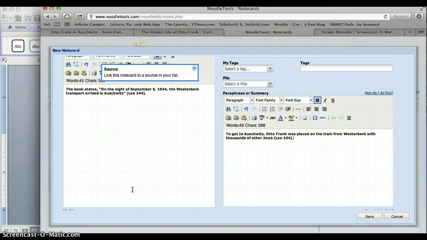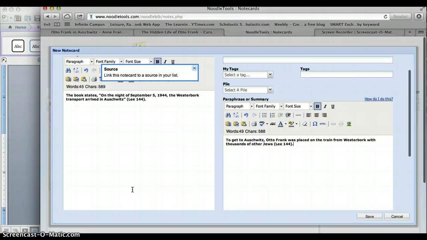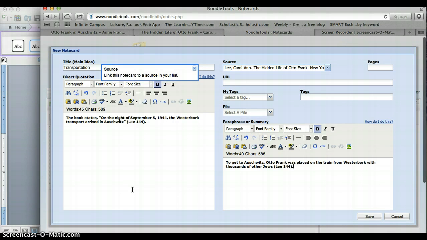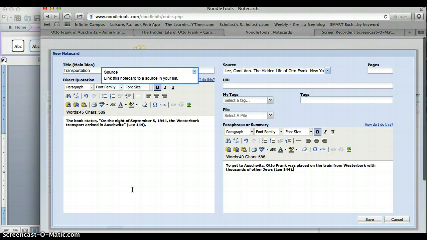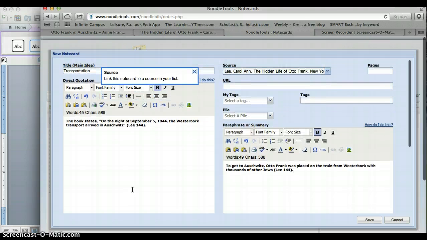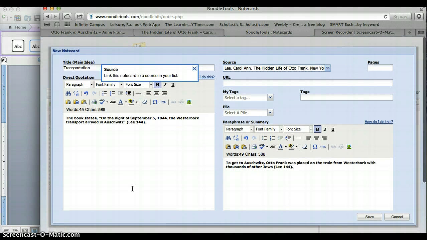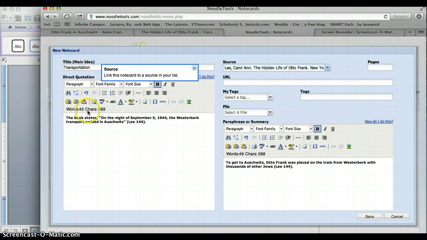Now I know this might take you a little bit longer if you are typing it, as I just copied and pasted it, but I want you to be able to see that we are essentially doing the same CEE model. It just looks different on NoodleTools. Okay, but again, we have our claim and our evidence in two forms, the direct quote and the paraphrase.